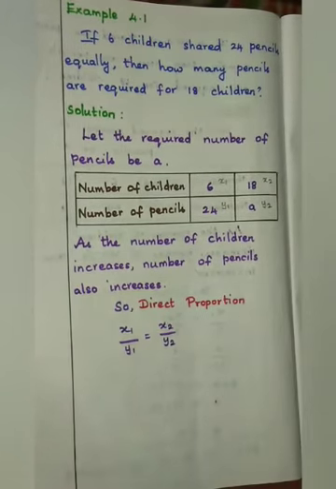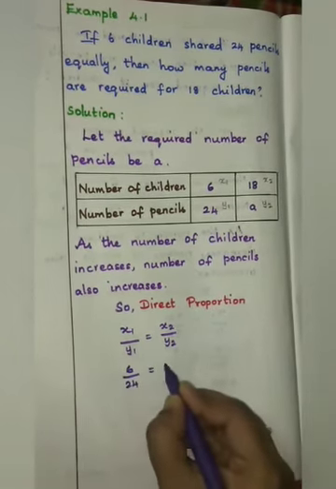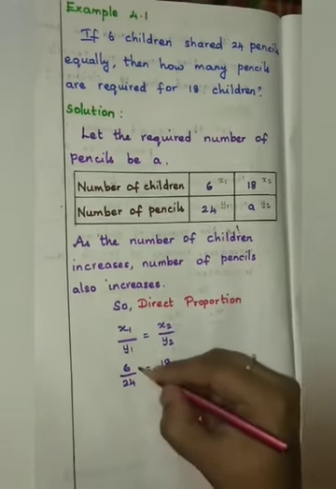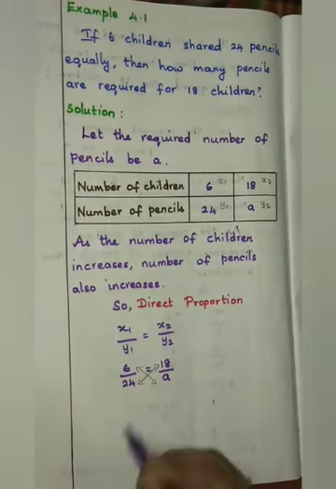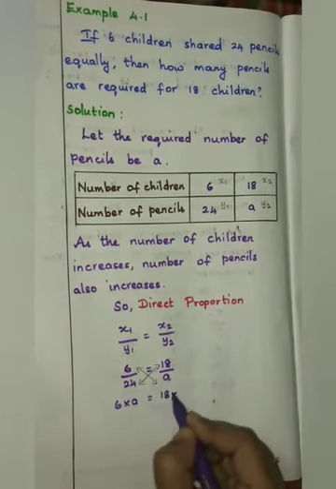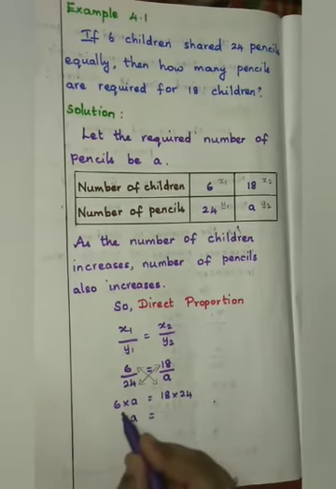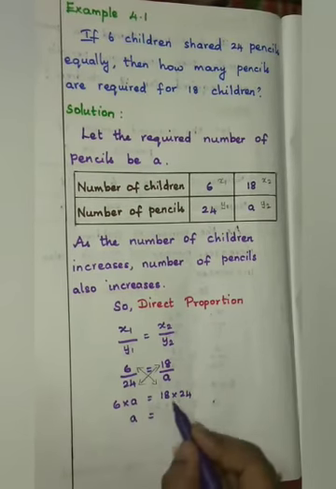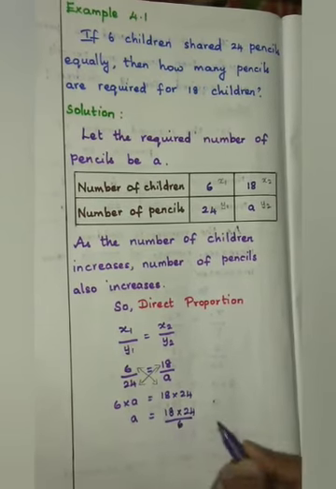Substitute the values. 6 by 24 equal to 18 by A. Now cross multiply. 6 into A equal to 18 into 24. Leave this A here and take the 6 to the other side. Since 6 is multiplied here, when you take it to the other side, multiplication becomes division. 18 into 24 by 6.